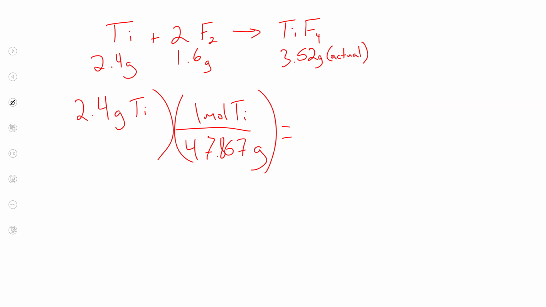So something really close to 0.05. Little bit over 0.05. How much? 0.05, right? 3.4. We have to keep 2 sig figs. Now do the same thing for our fluorine.